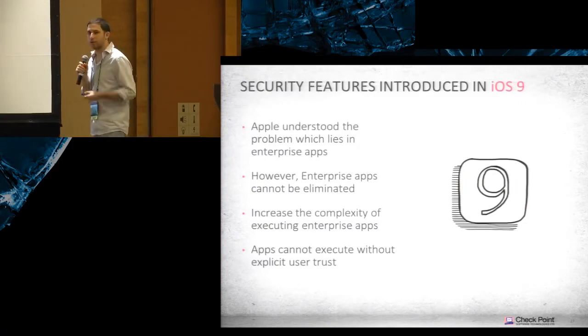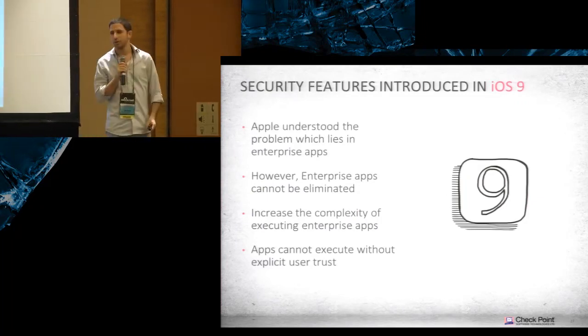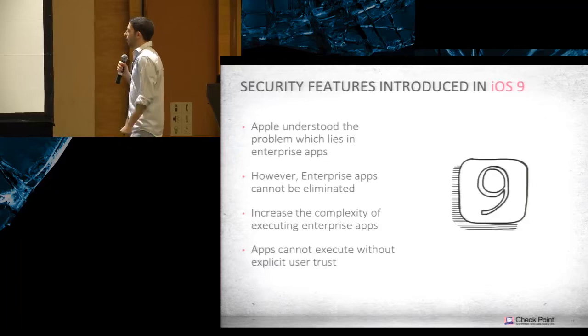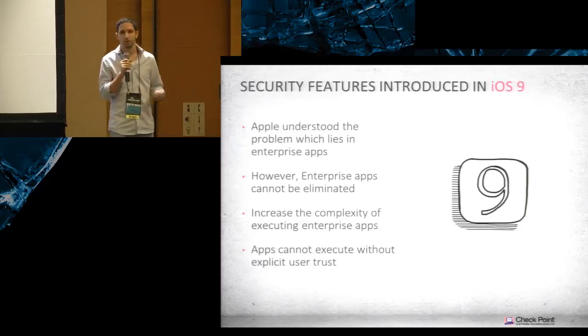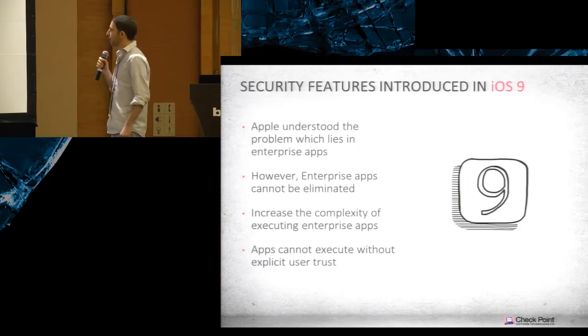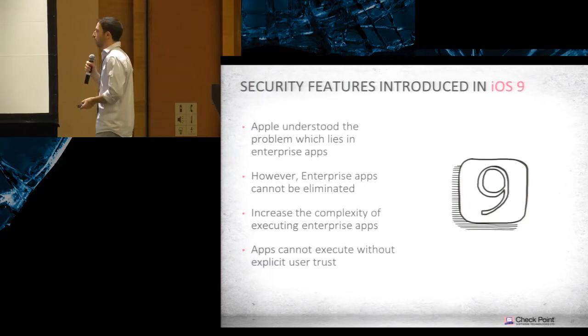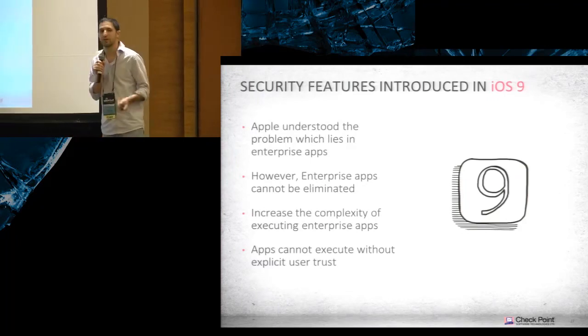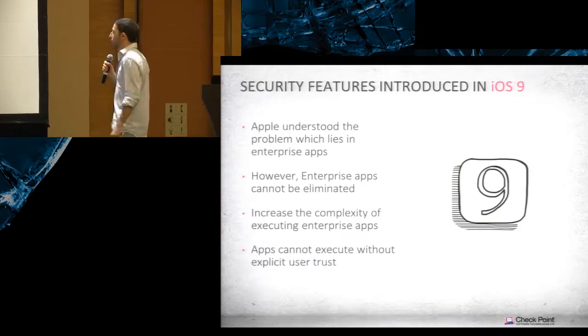We understood it, and it took some time, but Apple understood it too, and they decided to mitigate this dangerous problem. However, enterprise apps cannot be easily eliminated because enterprises use them. They are invested in this ecosystem.